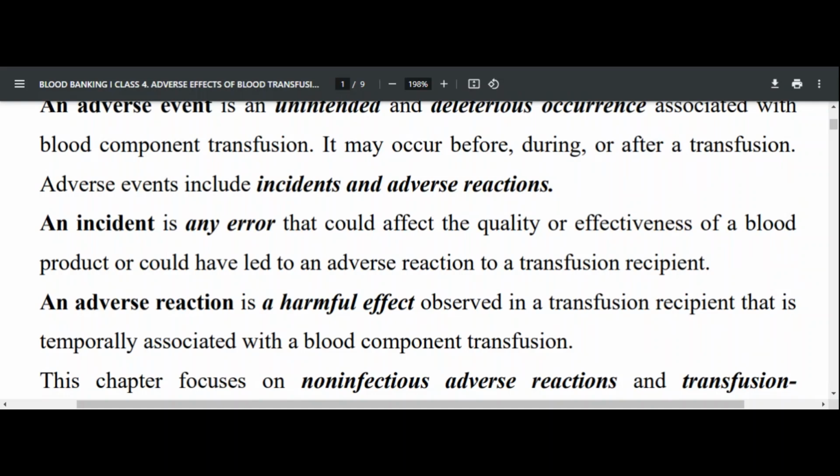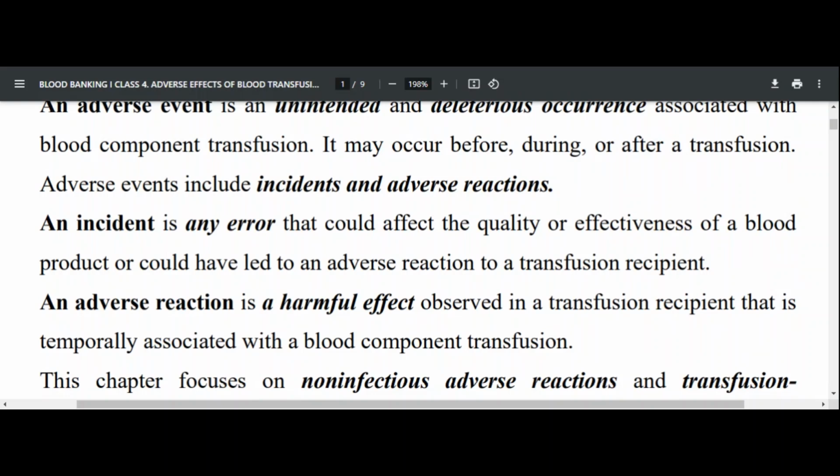But an adverse reaction is a harmful effect observed in transfusion recipients that is temporally associated with the blood component transfusion, but there's no error. It is just a harmful effect of blood components, not about an error.